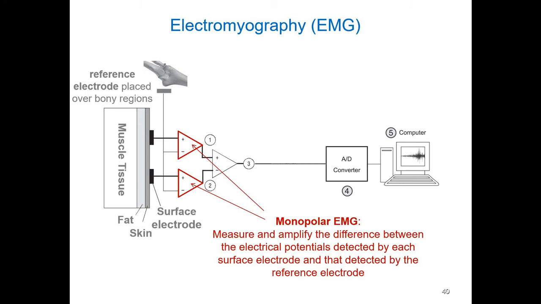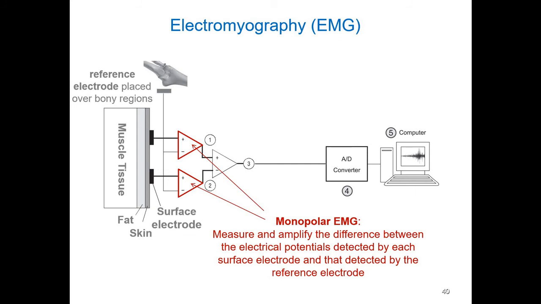Each of the red triangles here represents electronics that are connected to a surface electrode and to the reference electrode. These electronics measure the difference in electrical activity between the reference electrode, where we expect no activity, and the surface electrode, where we expect to see the electrical activity of activated muscle beneath the electrode.